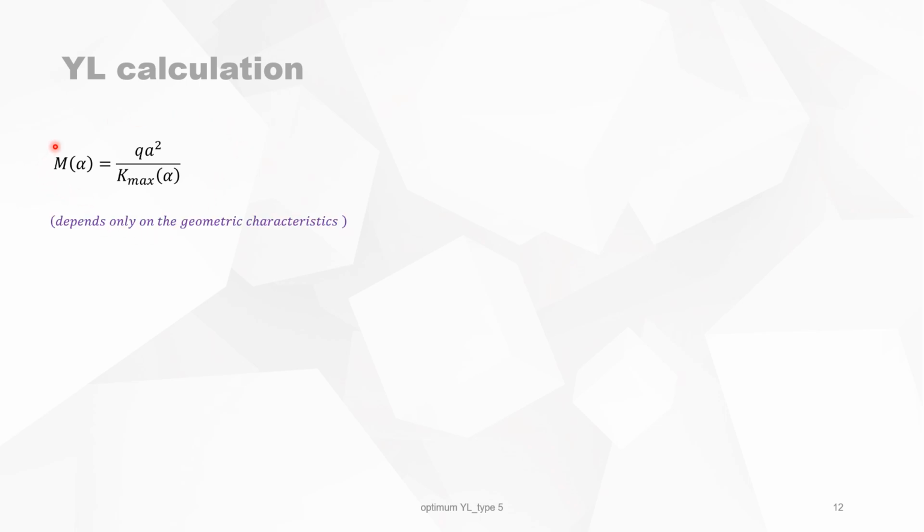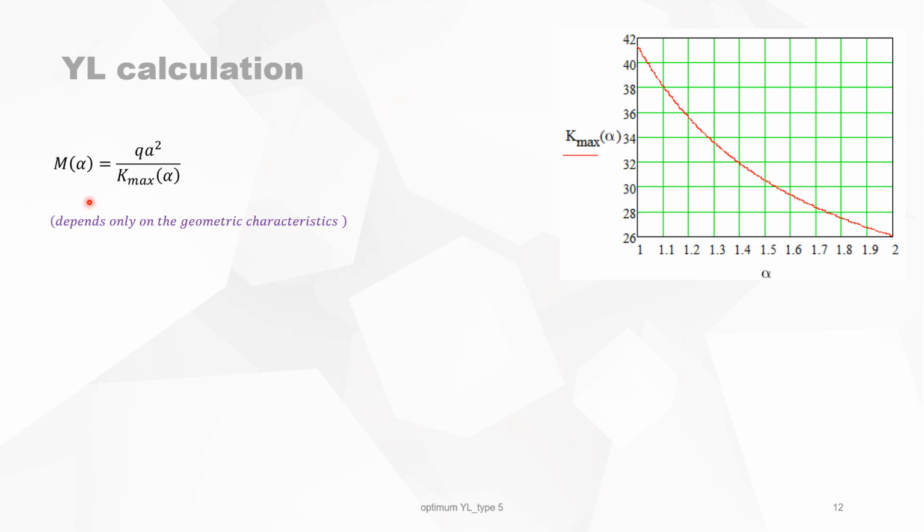We can rewrite everything in a way that the maximum bending moment as a function of alpha is equal to Q a squared divided by a coefficient K max, also a function of alpha. And this coefficient depends only on the geometric characteristics. We cannot do this explicitly because M in function of alpha we do not have in a closed formulation.